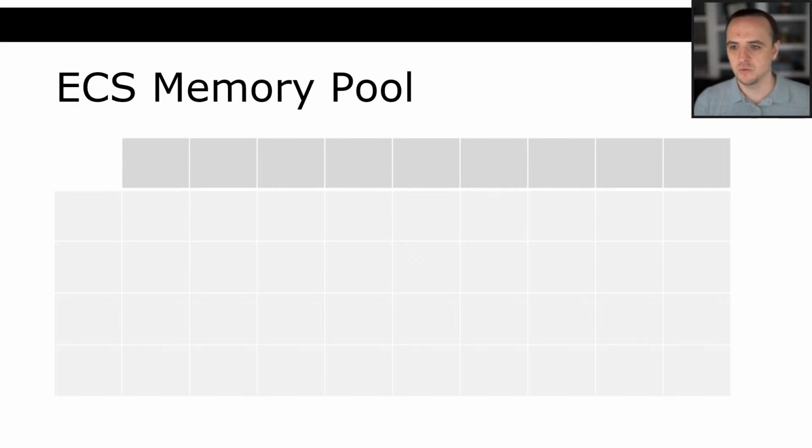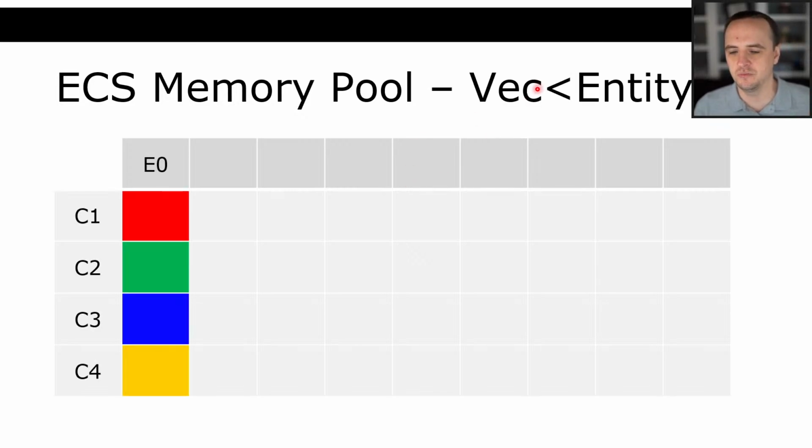So let's say we have a memory pool, and what I've done here is I have created this table. In this table, this is going to be a vector of entities. Our memory pool is a pre-allocated chunk. Let's say we have a 10,000 length vector where we can store entity data. So each column here is an entity.